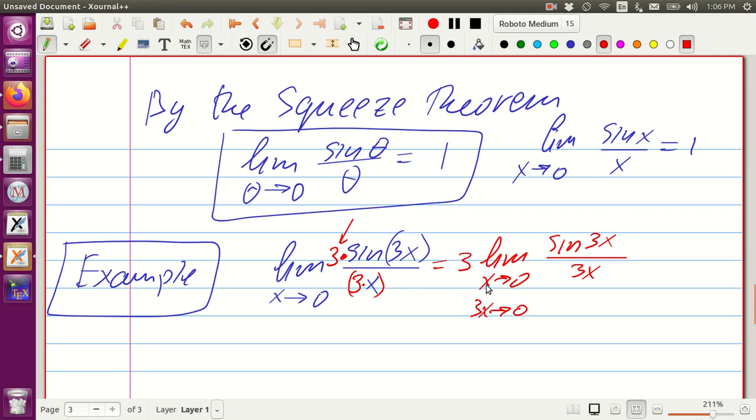Imagine you take the number 0.000000001 and multiply it by 3, you will get 0.000000003, which is also pretty close to 0. And we know from this rule that this quantity goes to 1. So our answer for the limit is 1, but we have this number 3 here, so it's 3 times 1, which is 3. So that's the use of this hard limit.